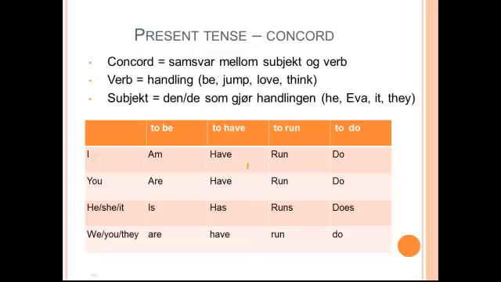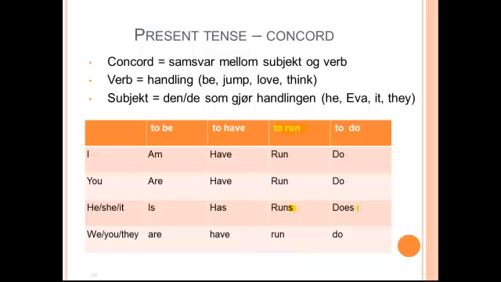Now, both to be and to have are not regular verbs. That means that they don't particularly follow the rule on how they change. To run, however, is a regular verb. That means that it's the same form when you say I run, you run, and we, you, they run, but in the third person singular, that means he, she, it, it gets an S at the end, so it becomes he runs.